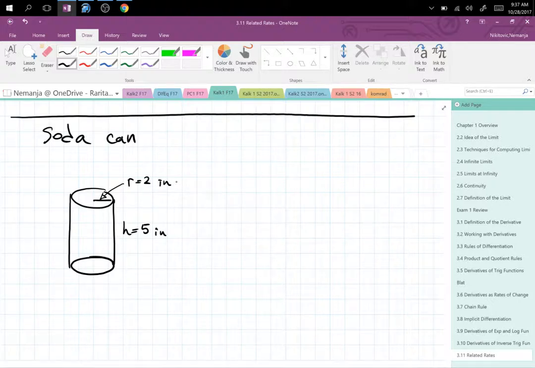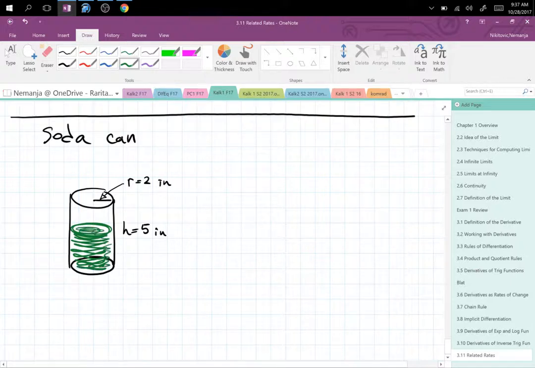Now, we're going to put some liquid inside. Well, I know you like unnatural colors, so let's use green.